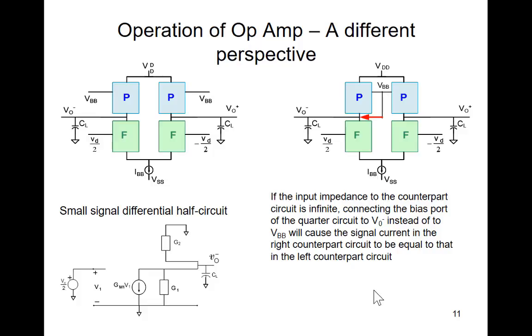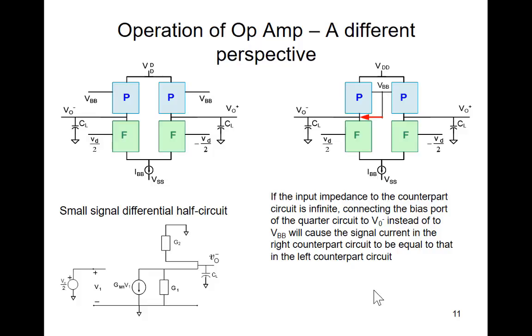If the input impedance of the counterpart circuit is infinite, connecting the bias port of the quarter circuit to Vout instead of to VBB will cause the signal current in the right counterpart circuit to be approximately equal to that in the left counterpart circuit.